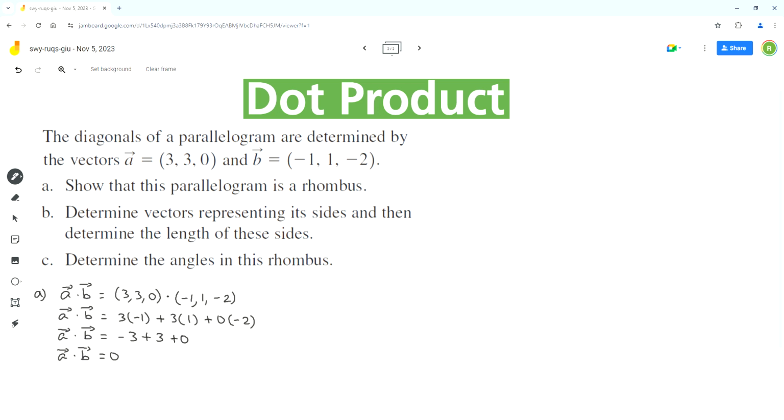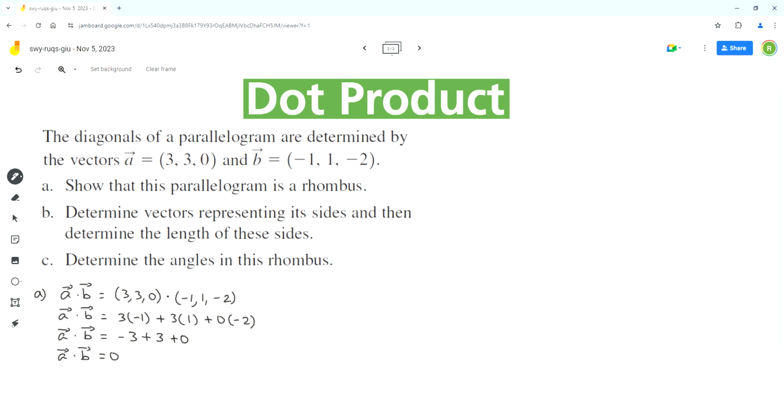So we got 0 for the dot product. That means vectors A and B are perpendicular to each other. Therefore, this parallelogram is a rhombus because its diagonals are perpendicular to each other. So we are done with part A.